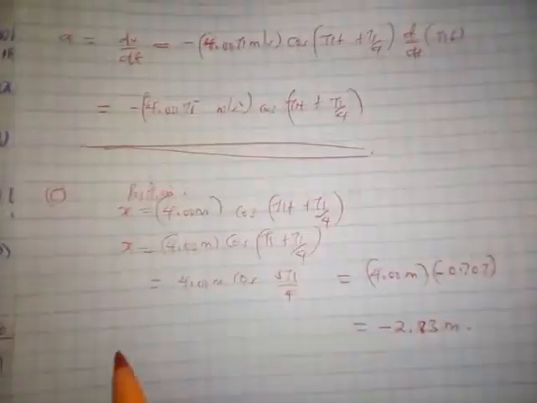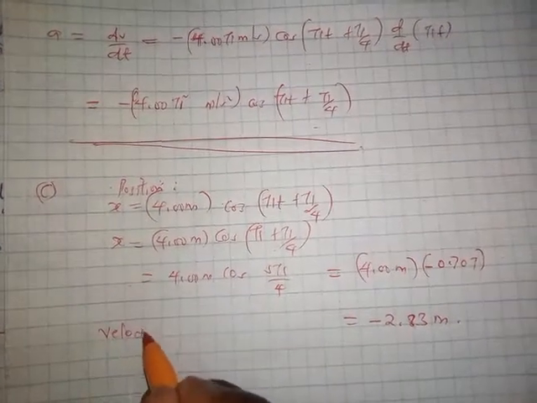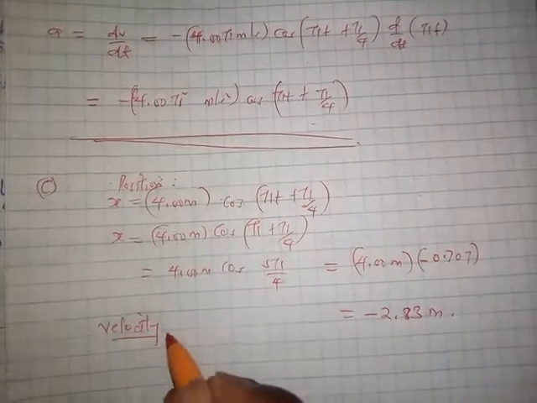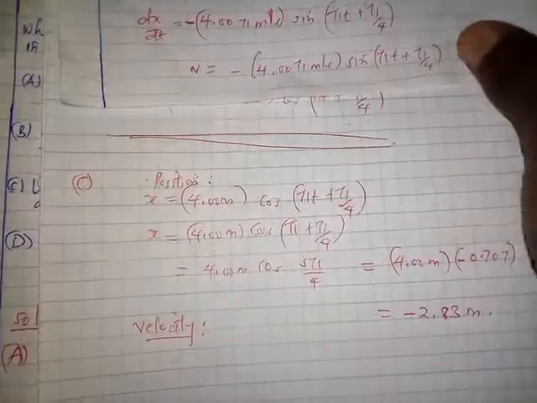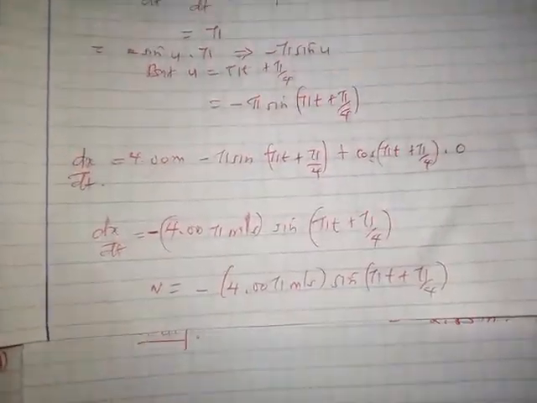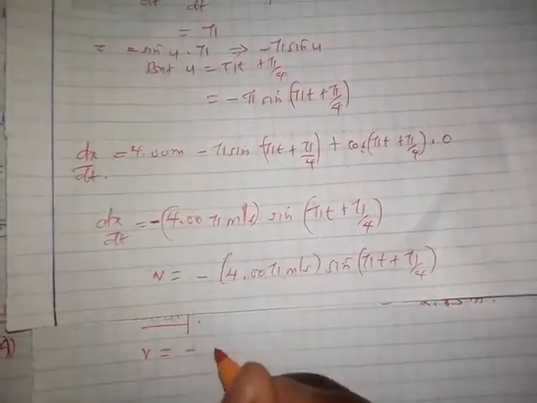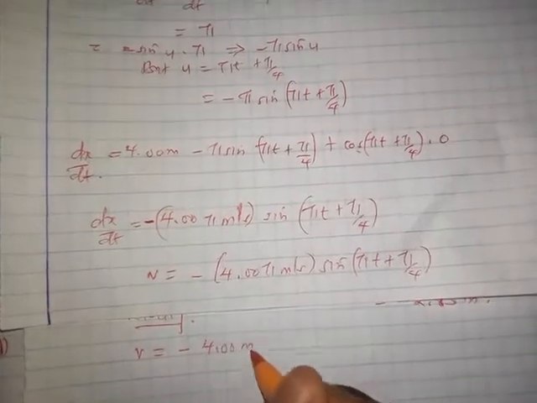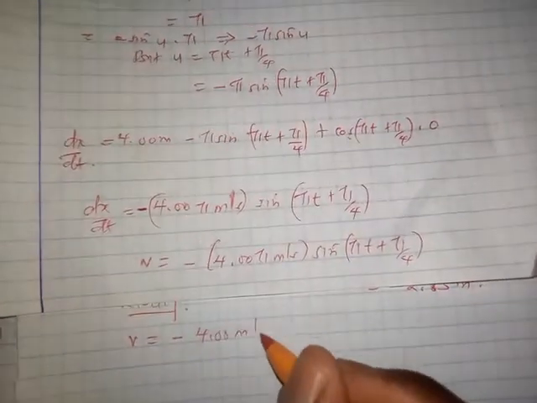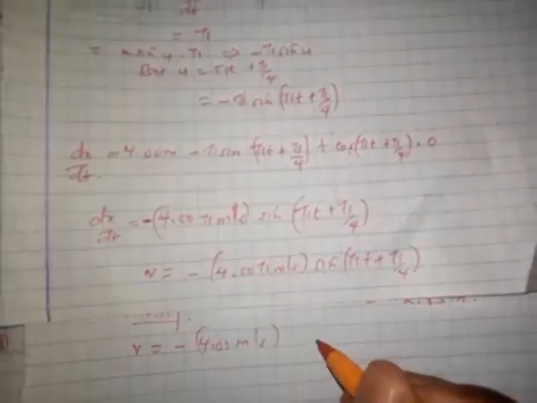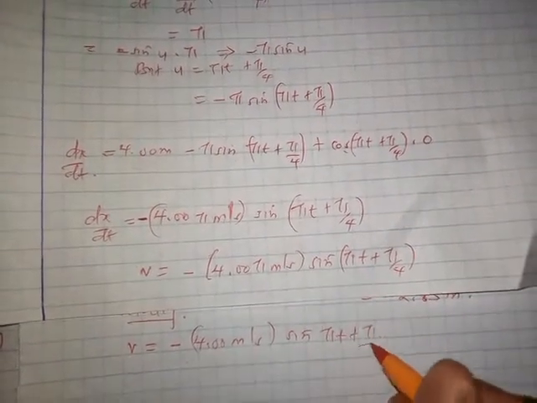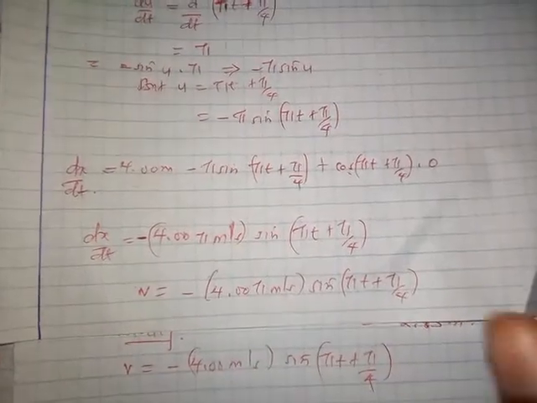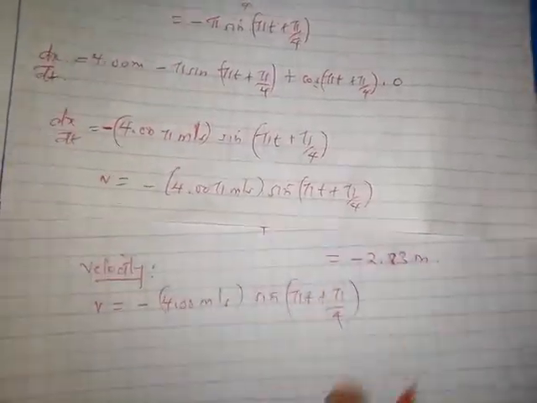Then velocity. The expression for velocity was v equals negative 4.00 meters per second sin(pi t plus pi over 4).